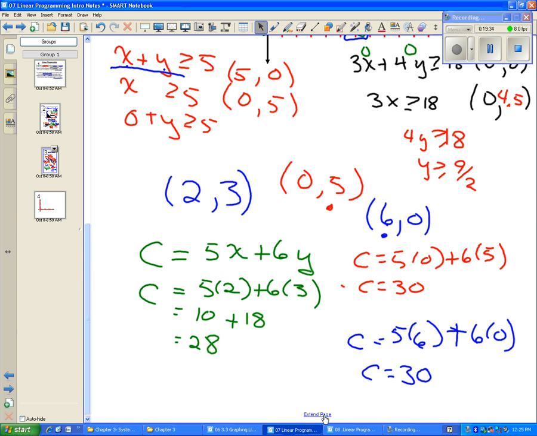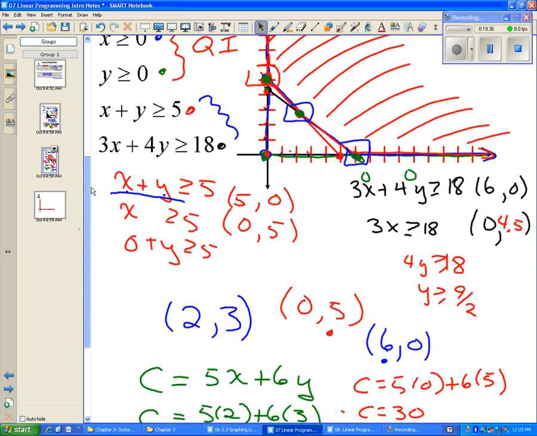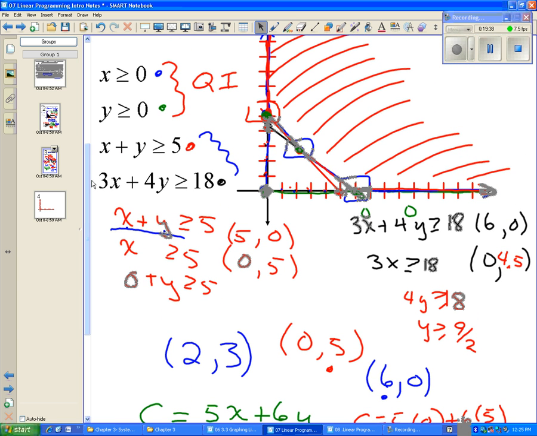So if I look at my feasible region, I know I have a minimum here of 28. But if I look at this, this 30 and this 30 don't seem to me like they're going to be maximums. What if x was not 6, but 7, 8, 9, 10?